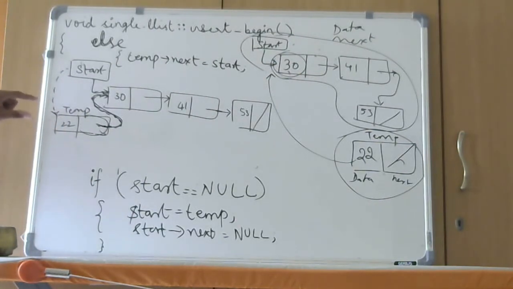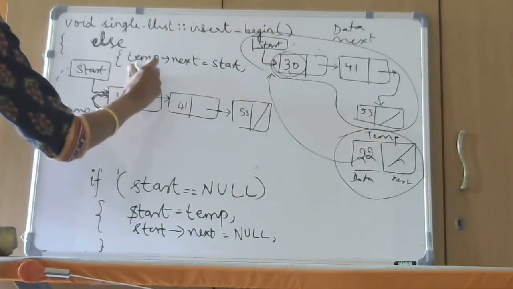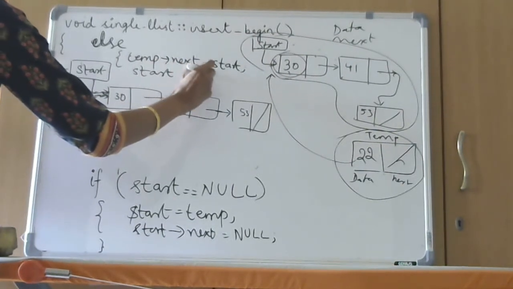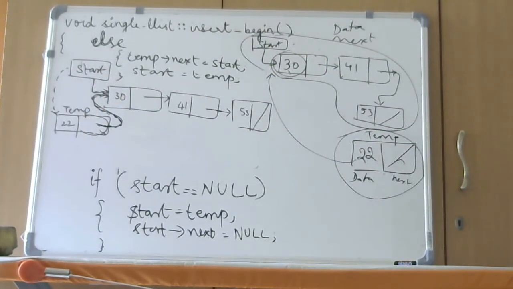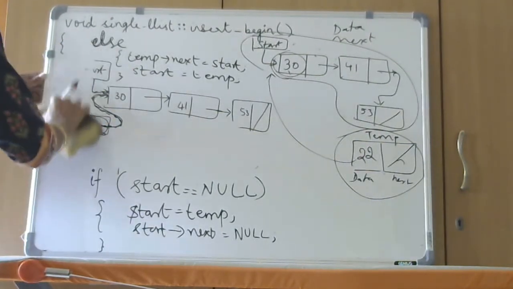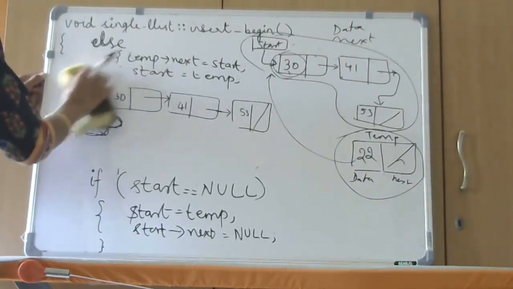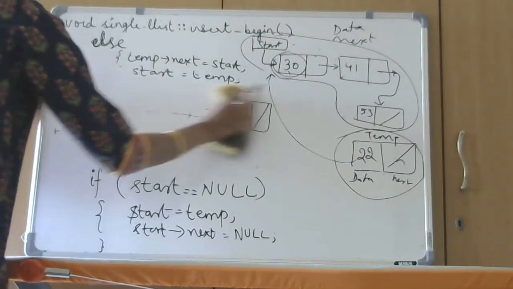Because whatever you are adding will become the new start. So your start is equal to temp. Alright. So that is how you are trying to insert the element at the beginning. Am I clear? I hope I am clear to you.